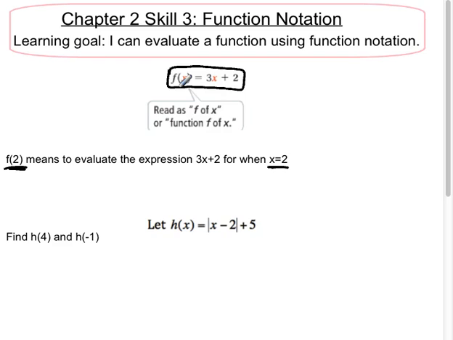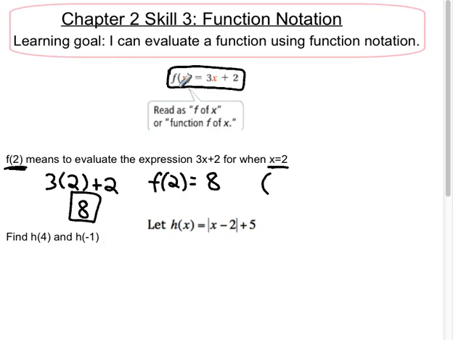Let's find f of 2. Well, for f of 2, all you need to do is plug 2 in everywhere you see x in that formula. So 6 plus 2 is going to equal 8. So f of 2 equals 8. Now let's also think about what that means. If f of 2 equals 8, you can actually write that as the point (2, 8).